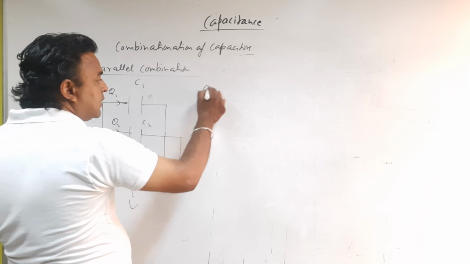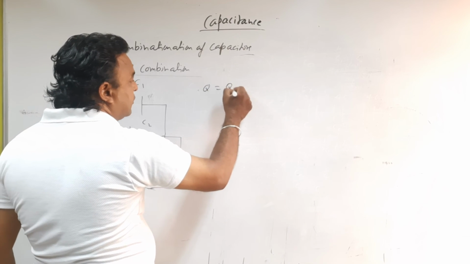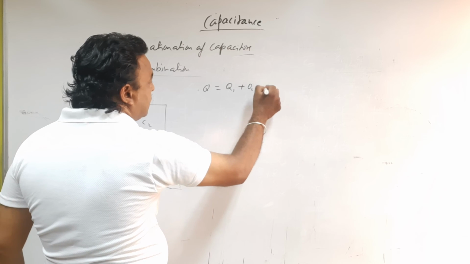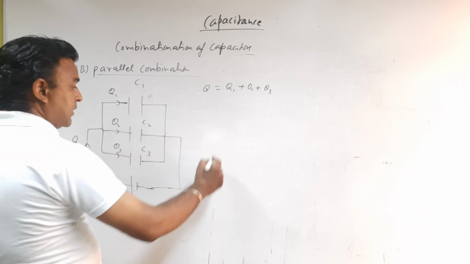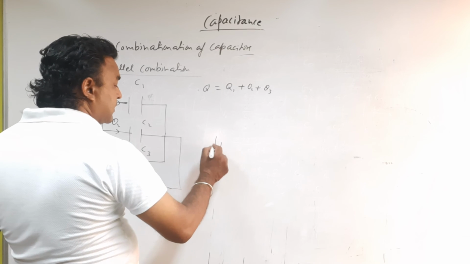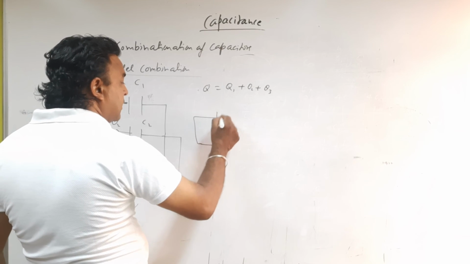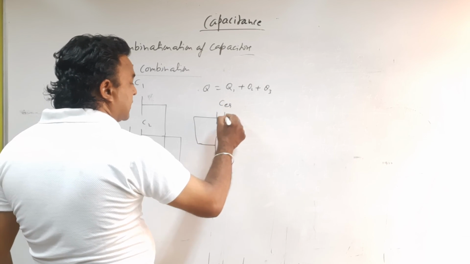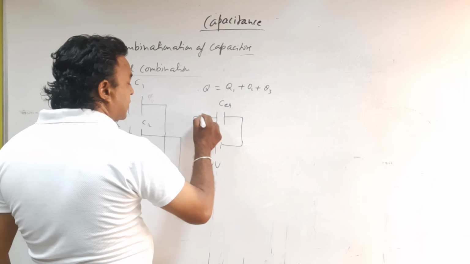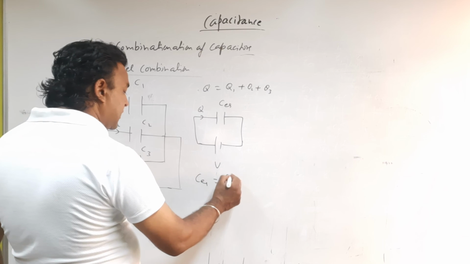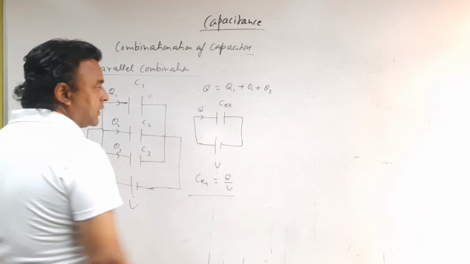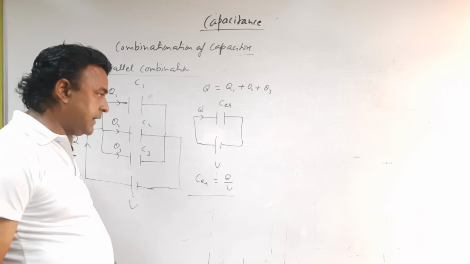Of course Q is equal to Q1 plus Q2 plus Q3. My concept of equivalent is still the same, that if I connect a battery of voltage V and I take a single capacitor, it draws the same charge. Means C equivalent must be Q by V in my case, right?